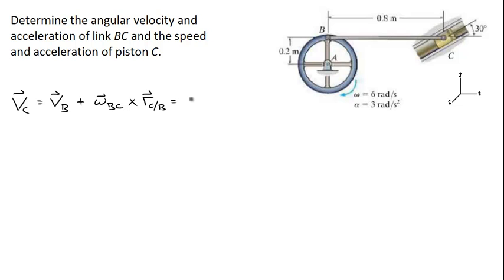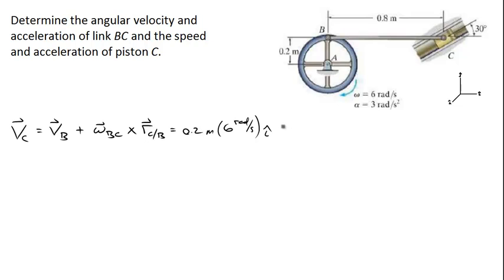What I'll have is the velocity of B is equal to this 0.2 meters times 6 radians per second in the I hat direction. So point B is moving only to the right simply because it's directly above point A. We don't know omega BC yet, but we do know it acts in the k hat direction, or out of the screen. So I'll just write omega BC times k hat.